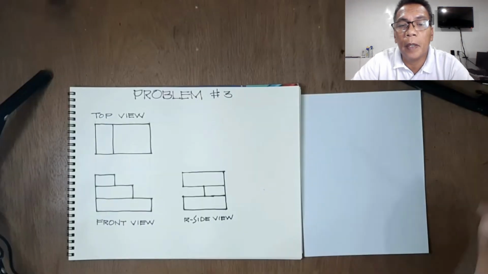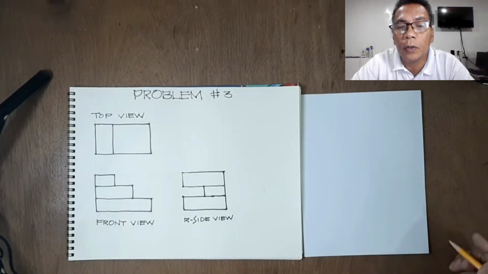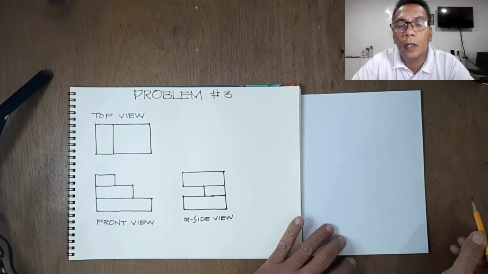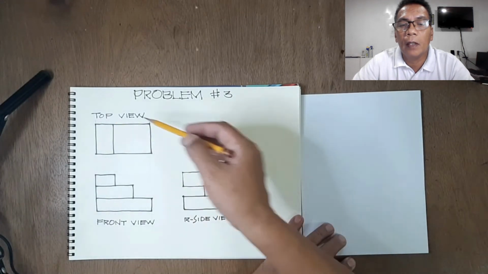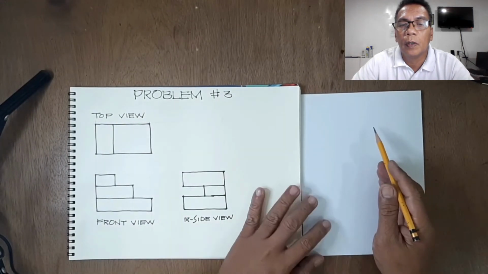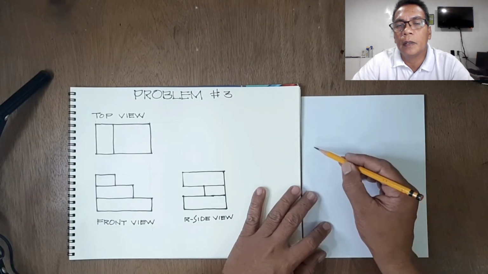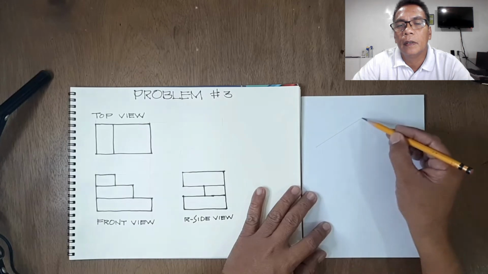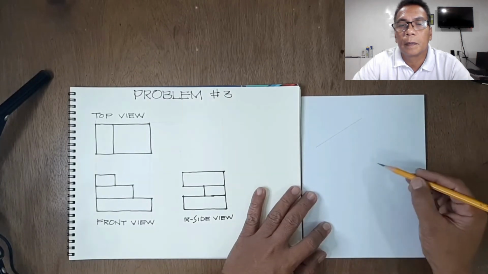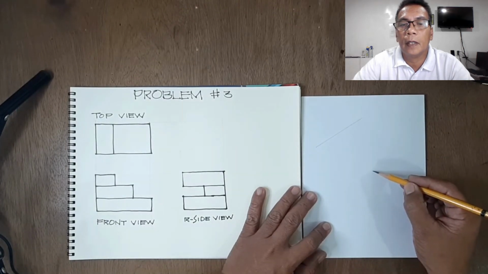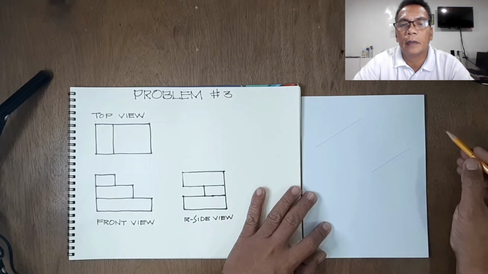Number 3 problem is more meticulous or laborious, though you may find that the object is simpler than the first two. So sketching again the isometric box.